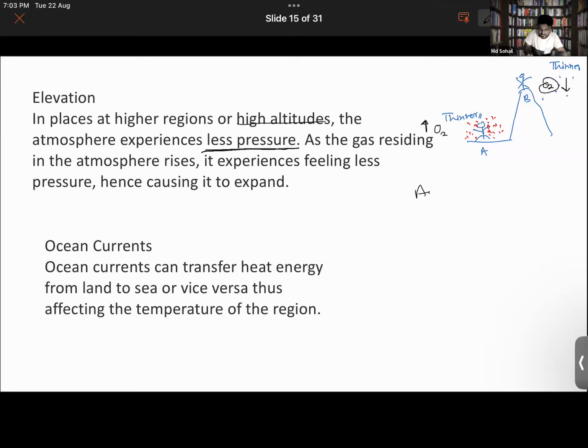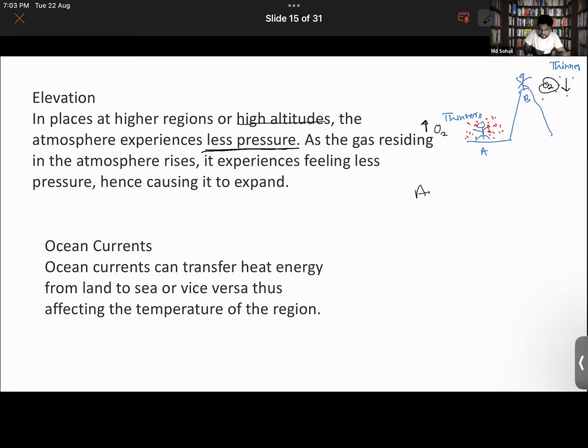In the lower layers of the atmosphere, you will see the majority of the gases are found. Dust particles and pollutants are found there. So all these particles are generating pressure. That pressure is called atmospheric pressure.